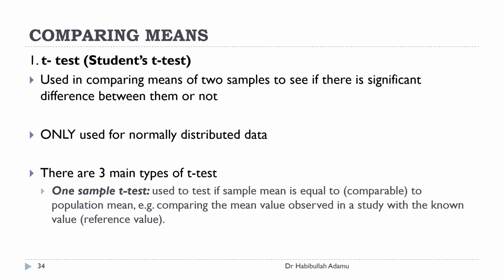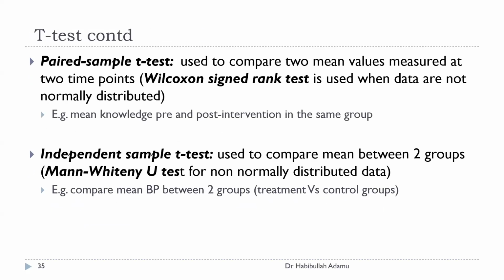Then we said paired t-test. The paired sample t-test is for comparing the mean of paired samples, meaning that we have one sample, but each member has two readings, either readings from different variables or readings of the same variable taken at different time intervals. For example, you have a group of malnourished children, you take their weight and you give them a nutritional intervention.